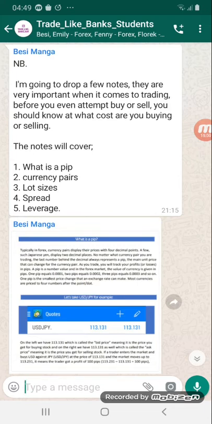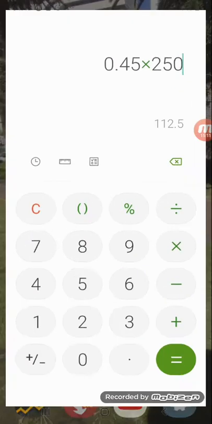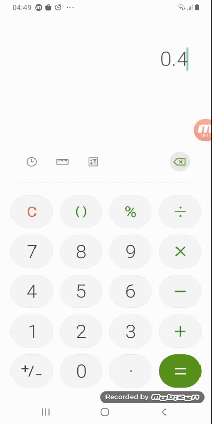The more leverage you have, the larger lot sizes you can use. Remember, if your lot size is very small, you won't make money. Let me explain how. For example, let's go back to 250 pips.